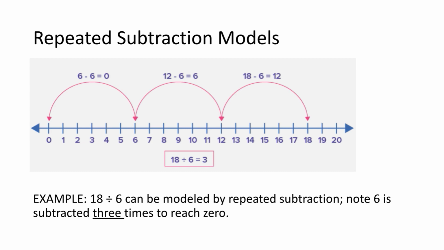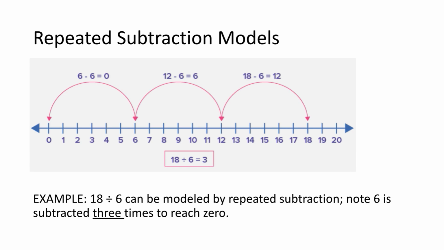Or you can use this in a real world situation. I like them more because the students can understand better if they can relate to the situation. So with the same numbers, 18 divided by 6, you can give a situation like, I have 18 apples and I'm giving away 6 apples per person. How many people can have 6 apples?